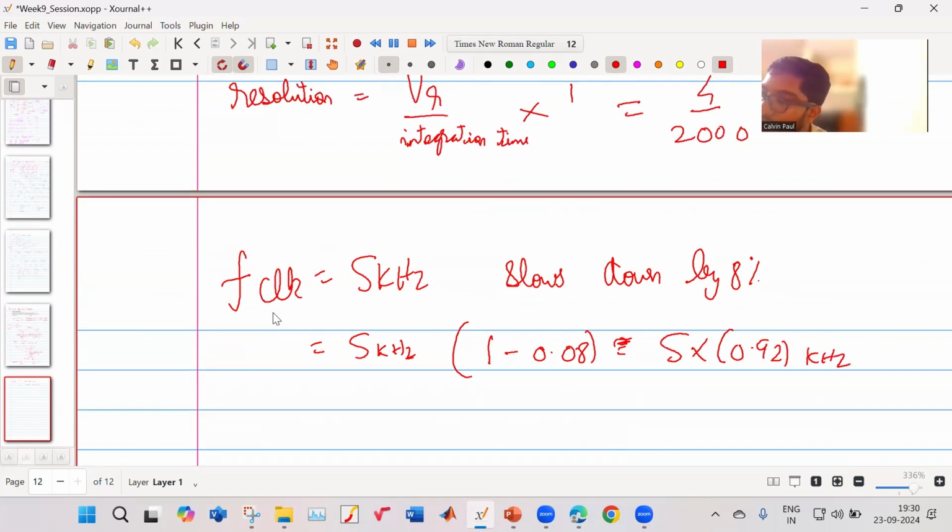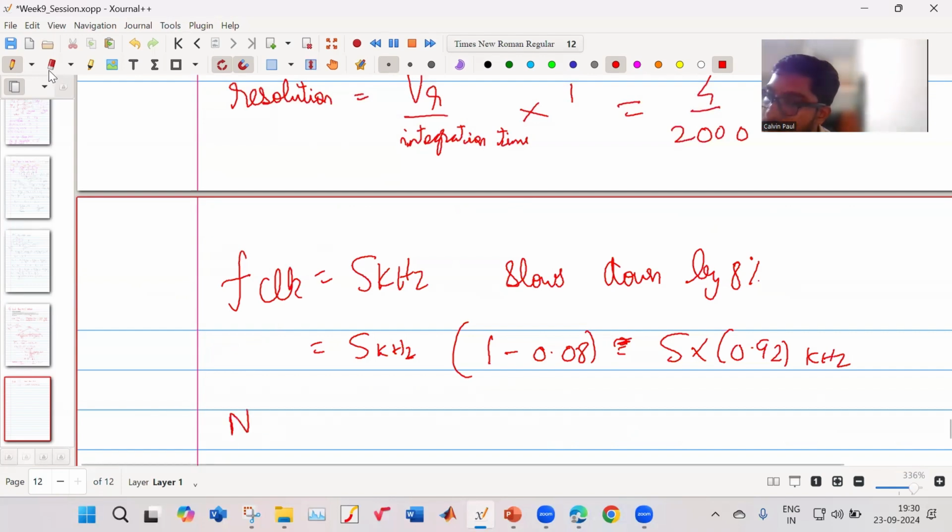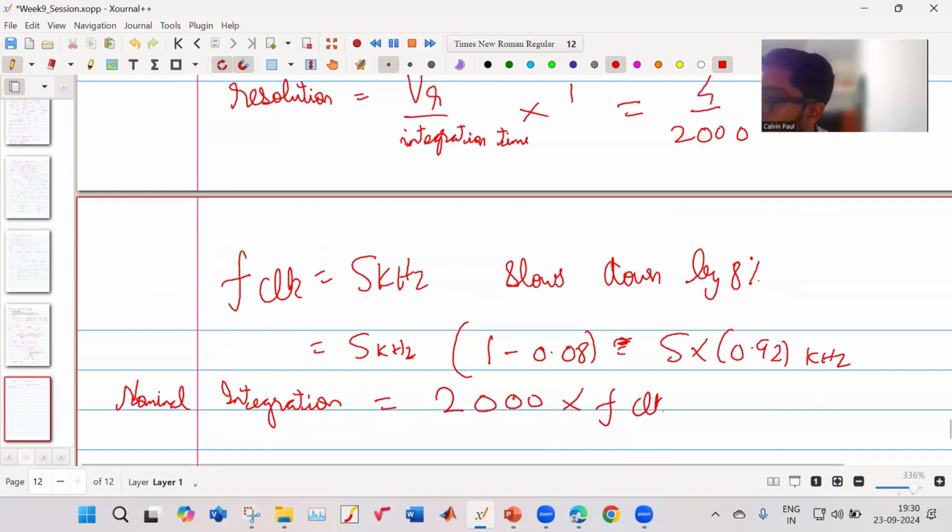Then what will happen is your integration time. Previously, your nominal integration time was how much? It was 2000 into your F clock. That will change.